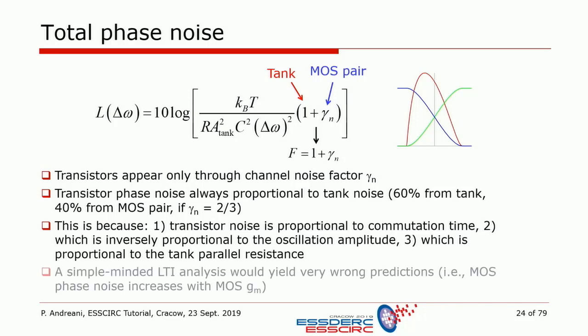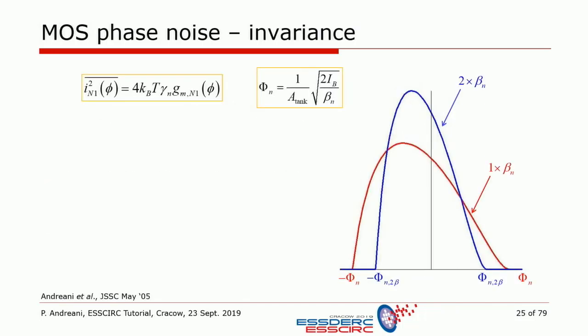And notice that a simple-minded LTI analysis would really lead us astray, because we would, to repeat, assume that the phase noise really increases with the GM of the transistors. Another way of seeing this is with this plot from Maple.